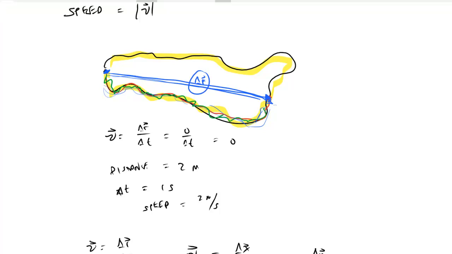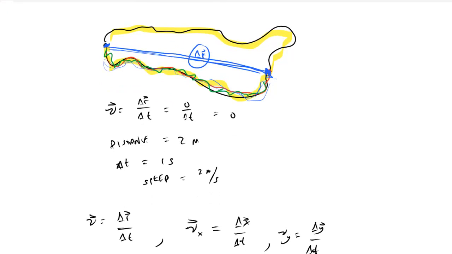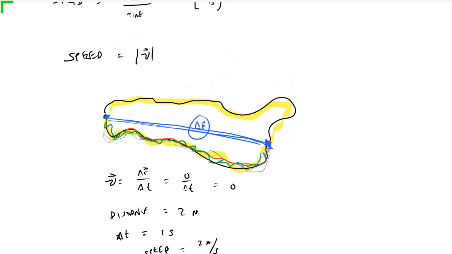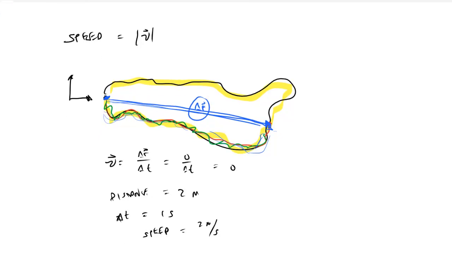Also note here that the distance can never be negative, right? We can never have a negative distance. However, we can have a negative velocity. If I define a coordinate system where we define a positive x direction to be to the right and a positive y direction to be upwards, then let's just consider the x component for now.